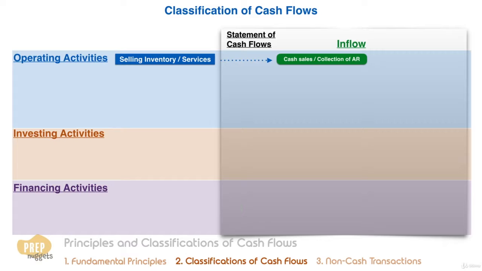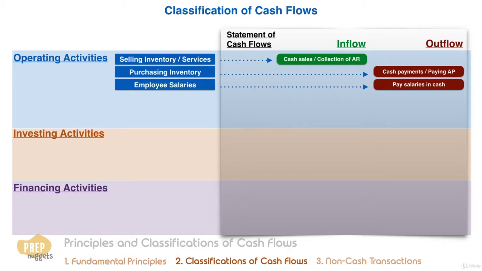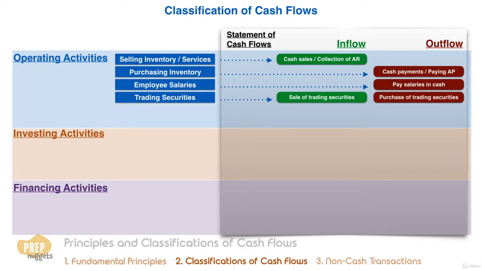To generate revenue, companies undertake activities such as manufacturing or purchasing inventory from suppliers and paying employee salaries. Cash outflows result from cash payments for inventory and accounts payable, payments for salaries, and other operating-related expenses. Operating activities can also include receipts and payments related to trading securities.